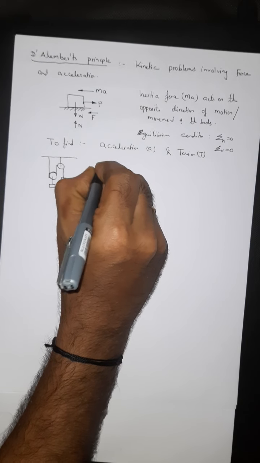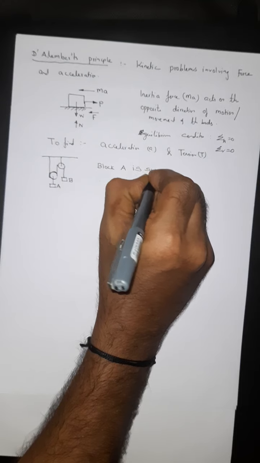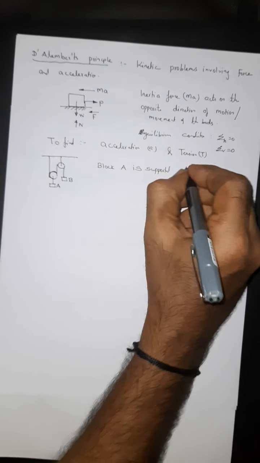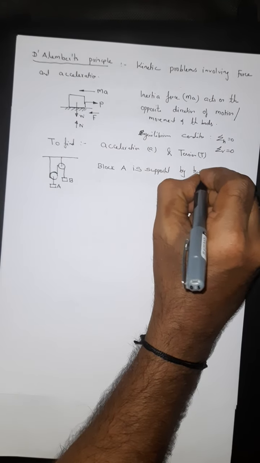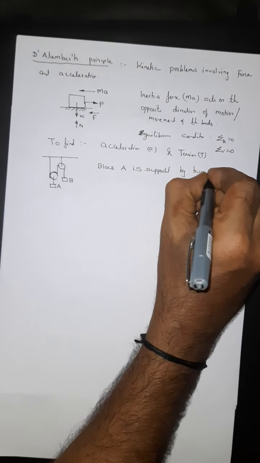So block A is supported by two strings, I mean on either side.